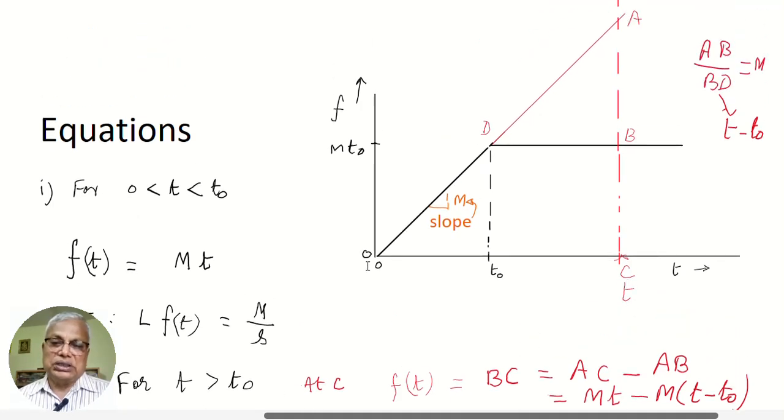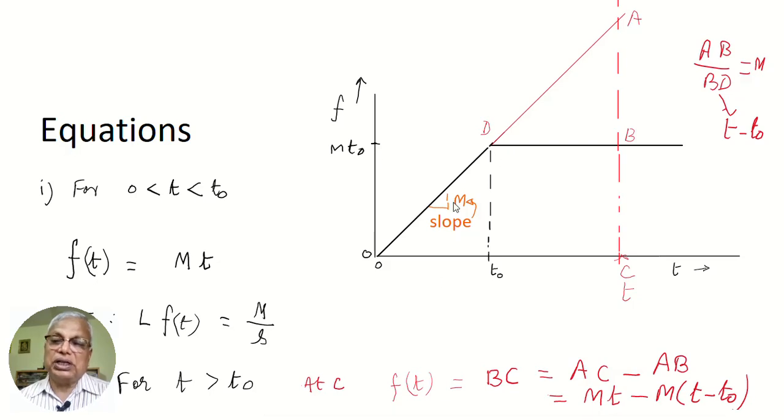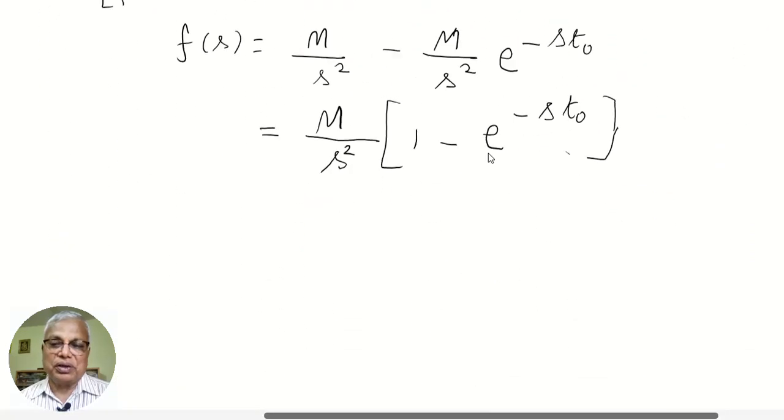Now this is a ramp function, a linear function up to t naught. So up to t naught, the equation is m t, and if it further continued, the equation would be m t only, but it does not continue, right? It is stopped.